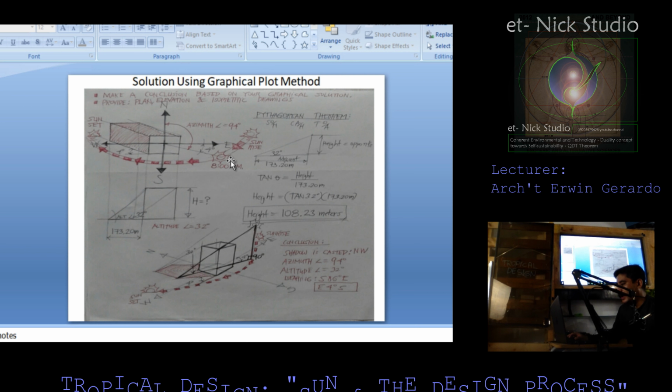So at 8 o'clock a.m., the shadow casted here is 94 degrees. All you need to do is just draw it at that angle at the opposite side. So the length of the shadow is already reflected in this building, which is 173.20. So this is the solution.